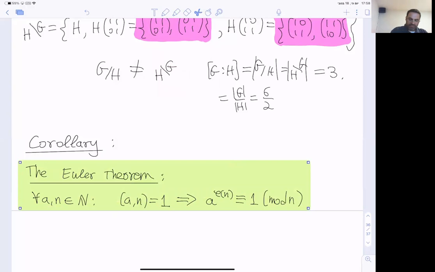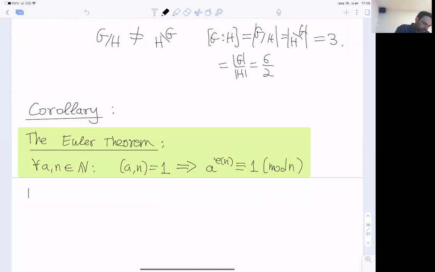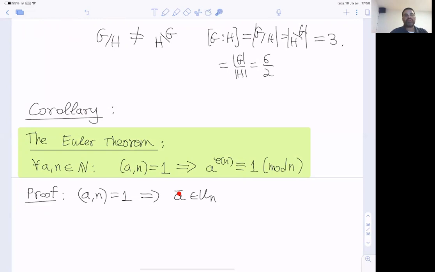Okay, and the proof is immediate. Because if A and n are coprime, then A, as a representative of a class, belongs to the Euler group, which means that it is invertible with respect to the multiplication modulo n. So it belongs to U_n.